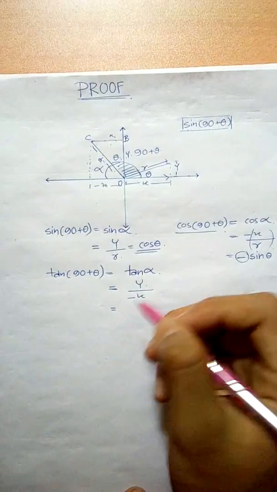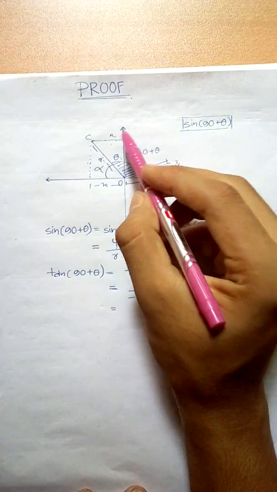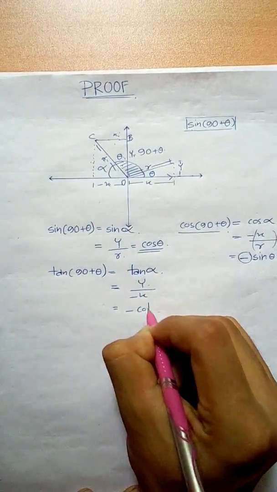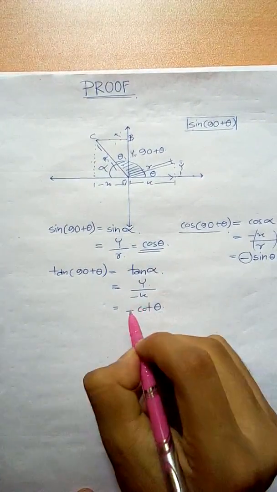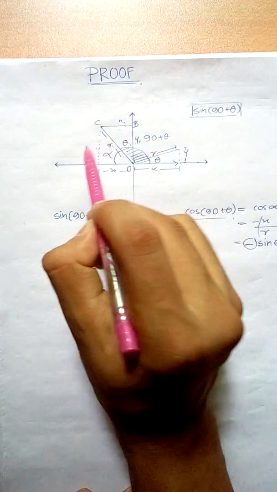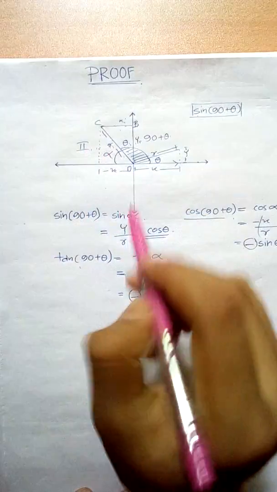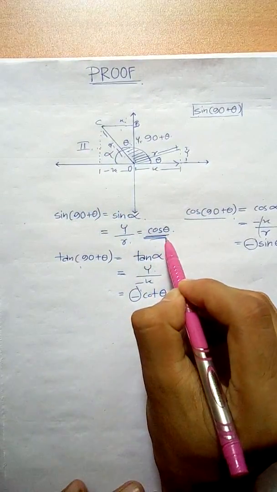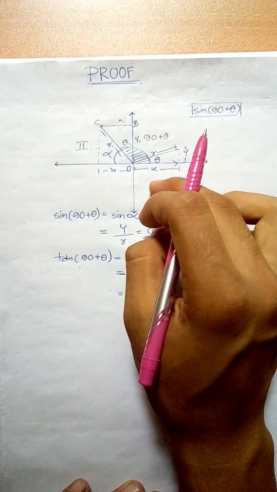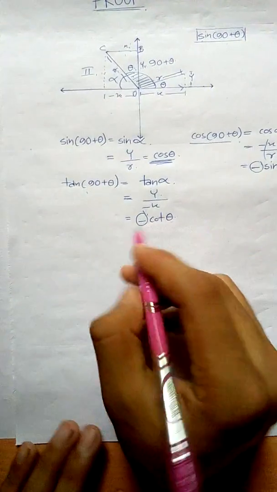Okay, what is y by x in this triangle? That will be minus of cot theta. This means that the tan is also negative. So it proves that in the second quadrant only sine has positive value, and this can be proved by this Cartesian plane. Have you understood? Hope you will.